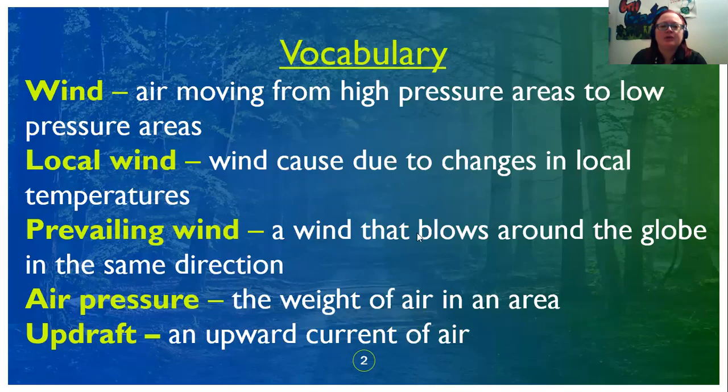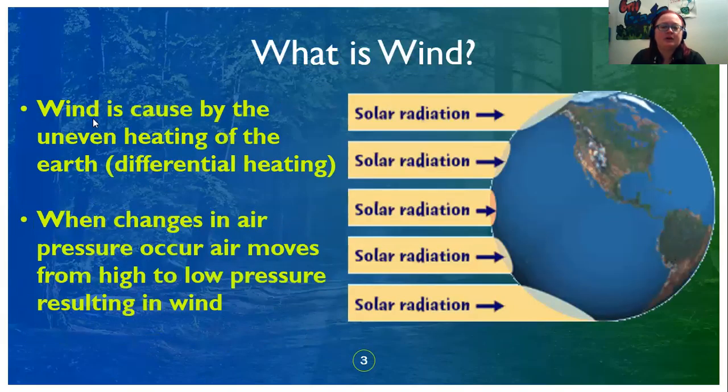Prevailing winds are winds that blow around the globe in the same direction. Air pressure is the weight of the air in the area, and an updraft is an upward current of air. What is wind? Again, a review from last week. Wind is caused by the uneven heating of the earth.